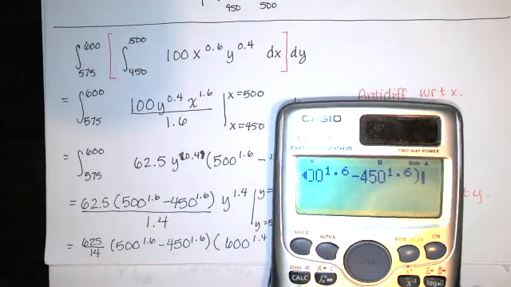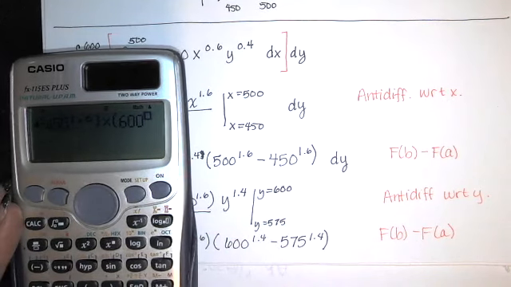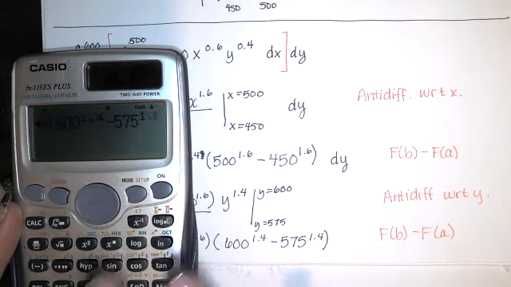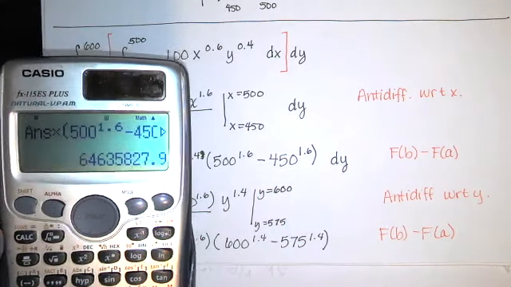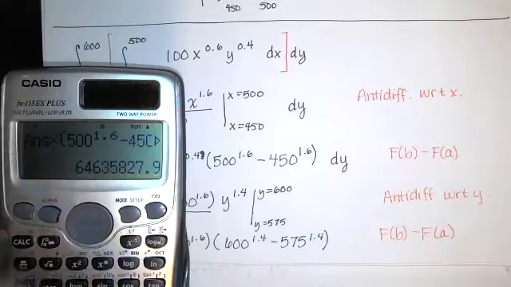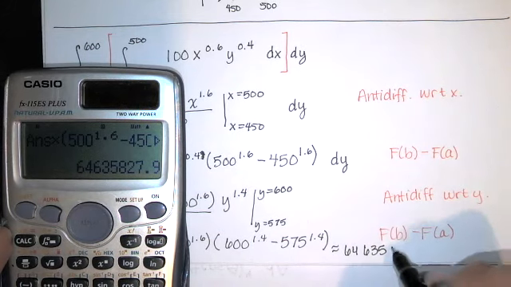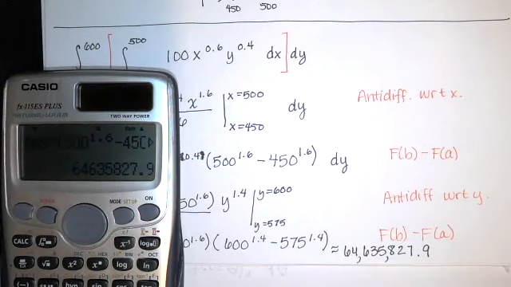So I'm still just entering that there. Close parentheses. When I get that, it looks like I've got 64,635,827.9.